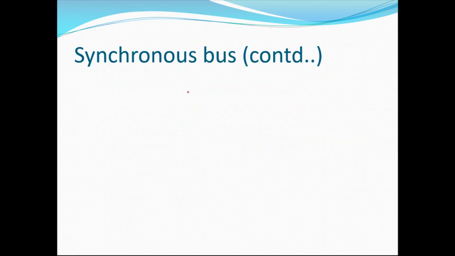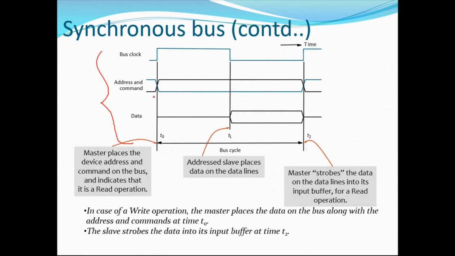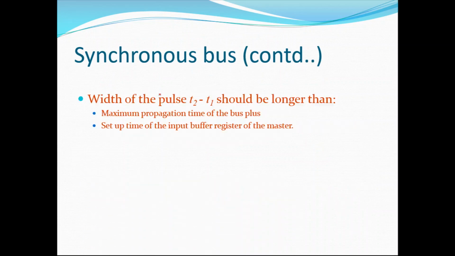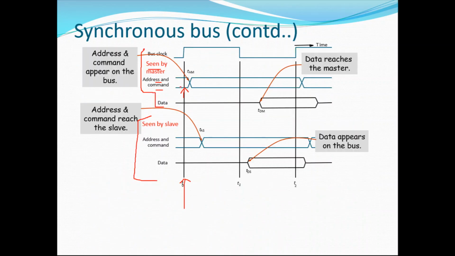In the previous diagram, if you see, it is shown as if it is appearing immediately. So as I already communicated, this is the ideal case. This is not the reality. But in reality, there will be a propagation delay. So it is actually not appearing in the bus immediately, even though the bus master is keeping the address and the command at this time. It appears with a little delay.